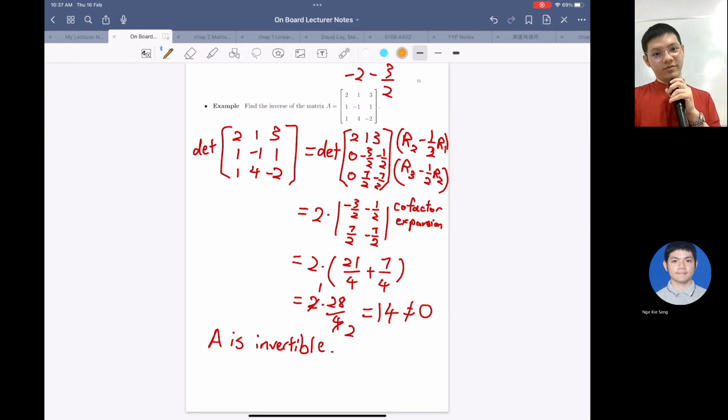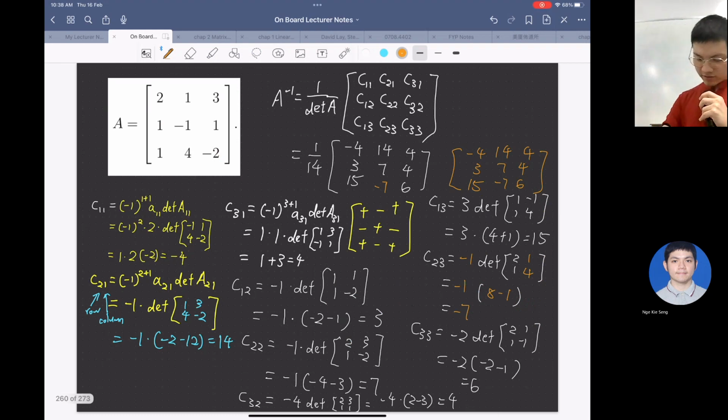Let me ask my computer. Anyone verify this? You also can let me know. Have you verified it? Is this correct or not? 1, 4, -2. I hope it's correct. Yeah, it's 14. 14 is correct. So something wrong with this.